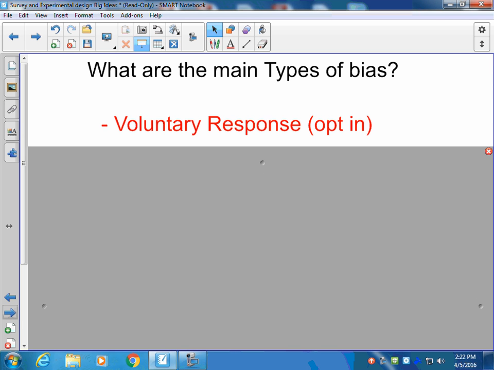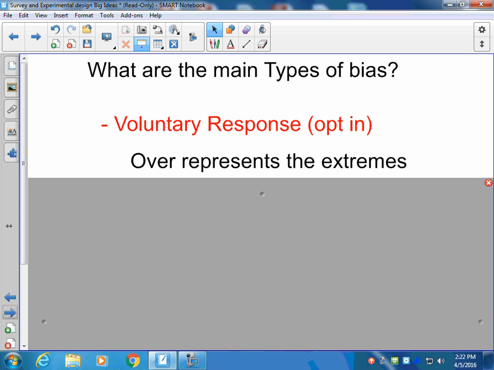Okay, voluntary response is a type of bias, and that's the idea of an opt-in. People are choosing to respond to that survey, and when you do that, it's going to overrepresent the extreme values. You're going to get your highs and your lows, but the people in the middle aren't necessarily going to respond as much overall.